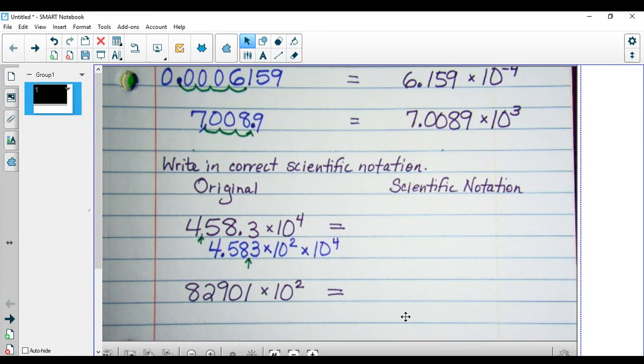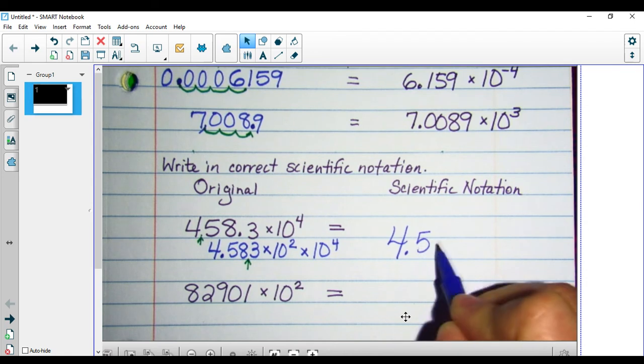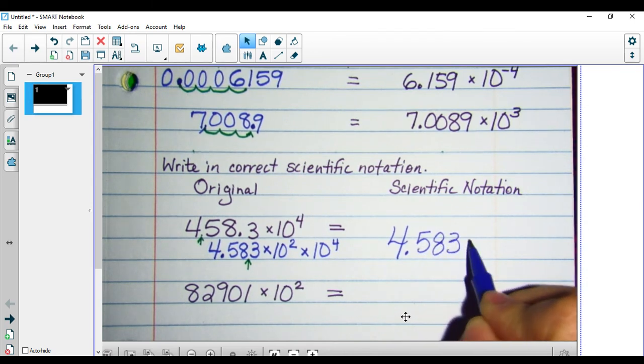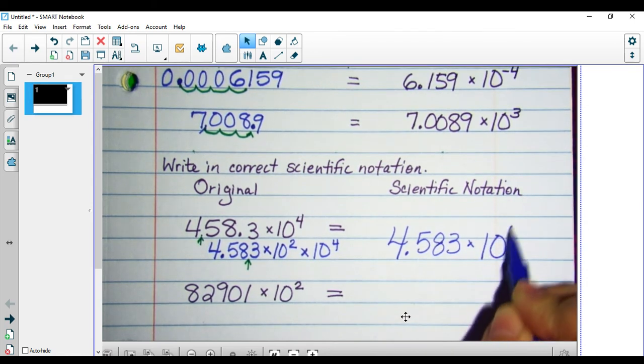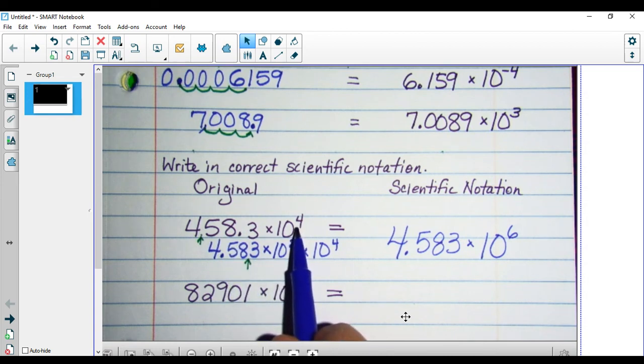So therefore, I end up with 4.583 times 10 to the power of 6. I'm going to multiply by 10 twice to get the decimal over here. And I also needed to multiply by 10 4 times. I'm going to be multiplying by 10 6 times.